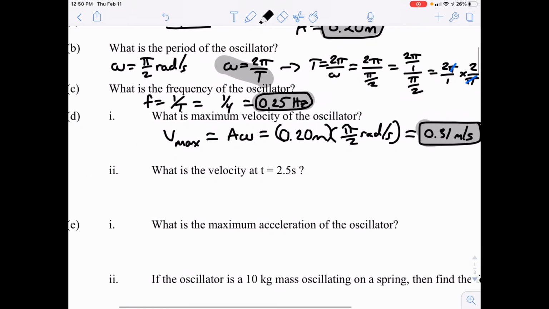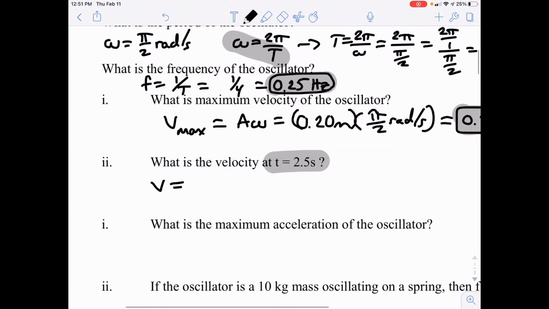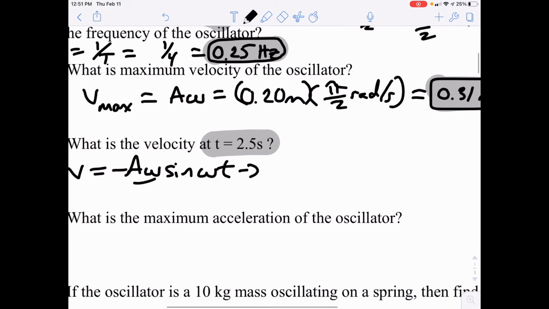What's the velocity at time equals 2.5 seconds? Well, that's when you have to take your velocity as a function of time, which in this case is going to be negative A omega sine omega t. And you need to plug in. Remember, A omega, you just found it. It's the maximum velocity. So negative 0.31 sine of omega t.